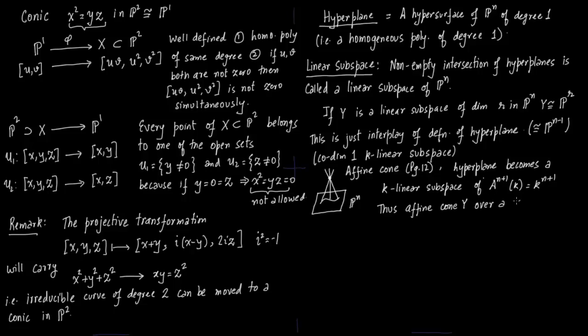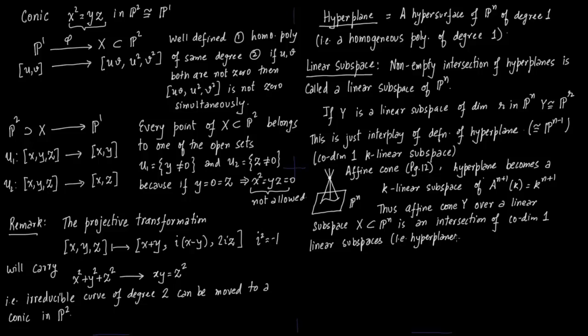So thus the affine cone of Y over a linear subspace of Pn is the intersection of these codimension 1 linear subspaces, that is, hyperplanes, which we have now converted into cones.